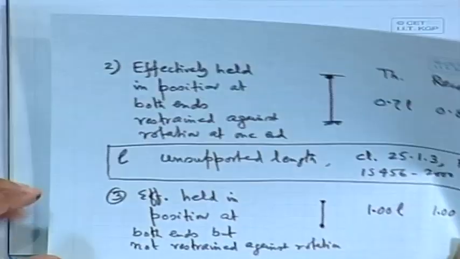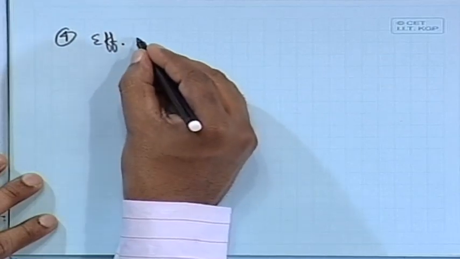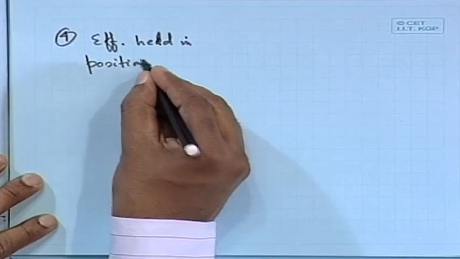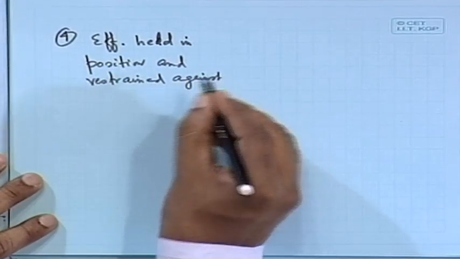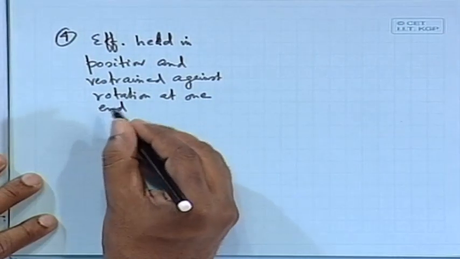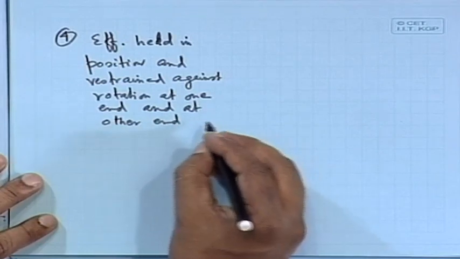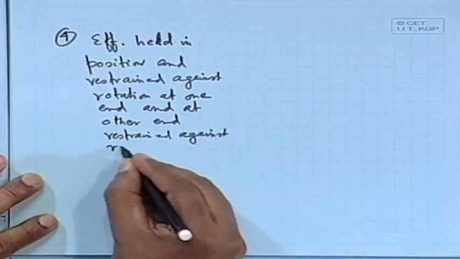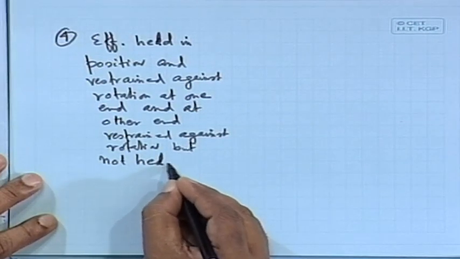So, we have a few more cases. Number 4: effectively held in position and restrained against rotation at one end, and at the other end restrained against rotation but not held in position.